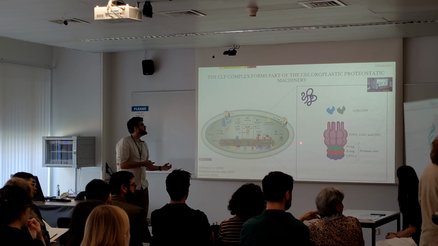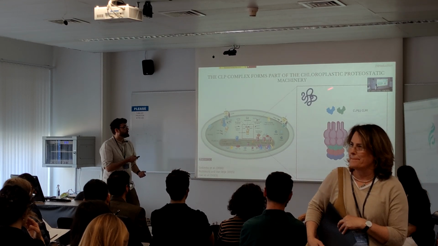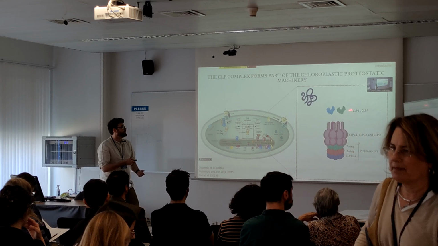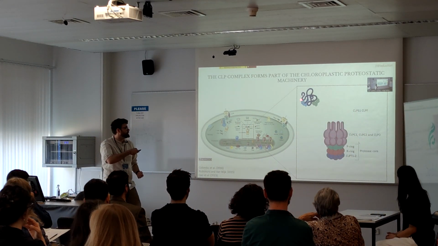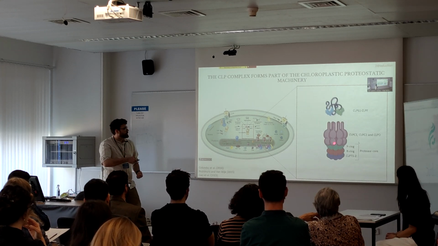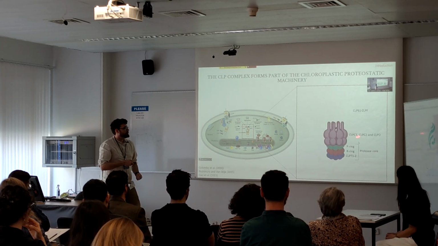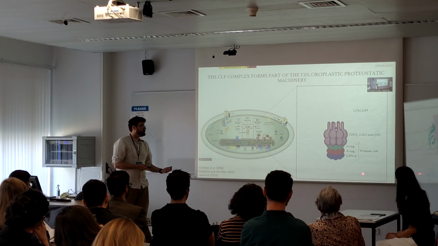The CLP complex is part of the chloroplastic proteostasis machinery, formed by adaptor units CLPS1 and CLPF, that mark the misfolded protein. This marked protein is recognized by the CLP complex formed by CLPC1, CLPC2, and CLPD, and processed by the protease core.